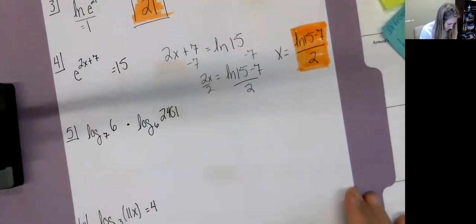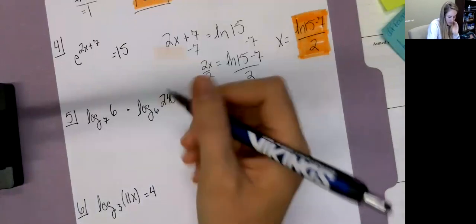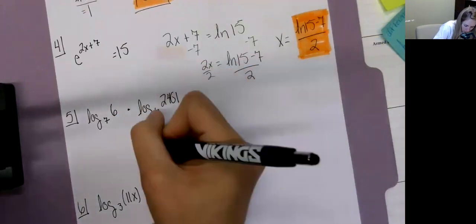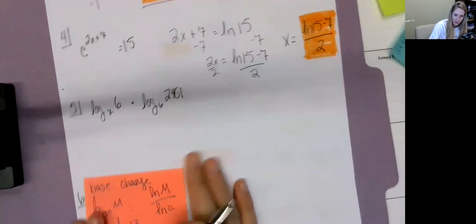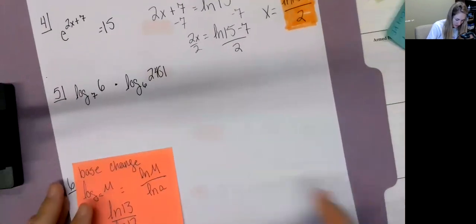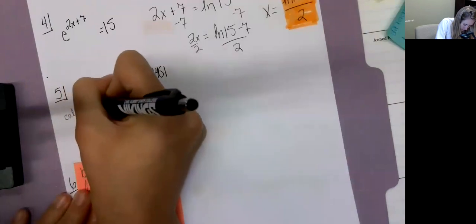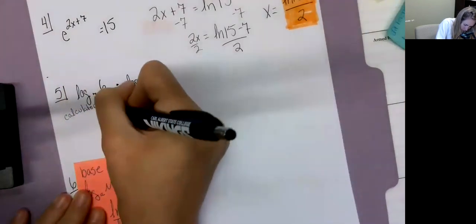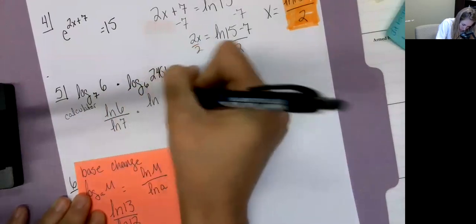Now we have log base 7 of 6, log base 6 of, so on this one, what I'm going to say to do is use your calculator and do the base change formula. So I'm going to write it on this and use my calculator. So I'm going to write calculator here though. But to be able to type this in, remember the top number or the big number goes on top. Times the natural log of.